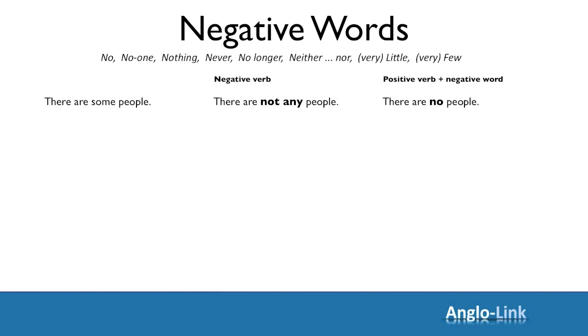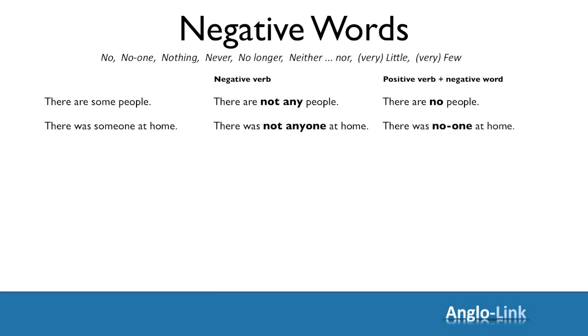So you have two ways of making the sentence negative. Let's look at another sentence. There was someone at home. There wasn't anyone at home. And now we can replace not anyone with the negative word no one. There was no one at home.